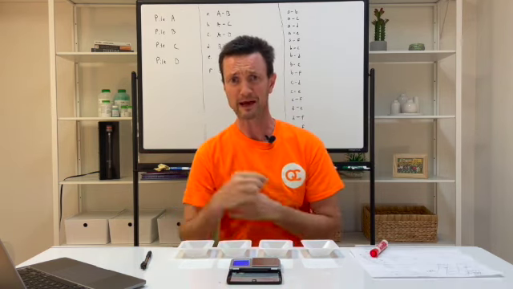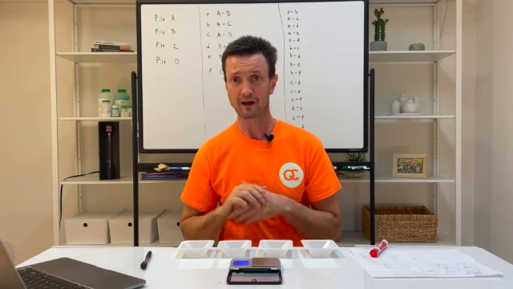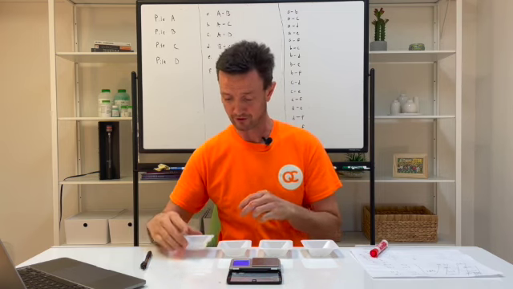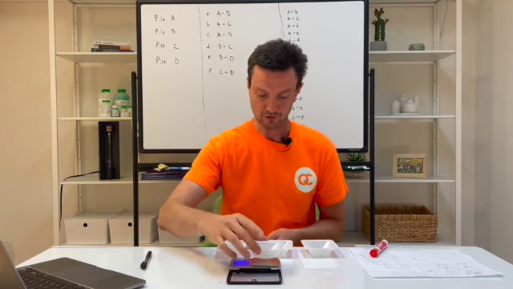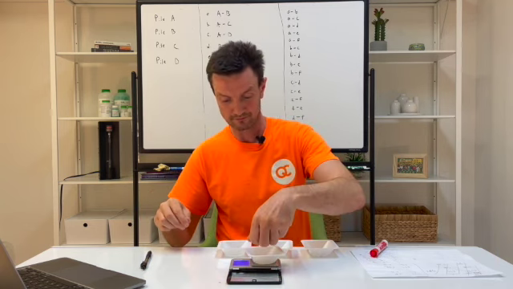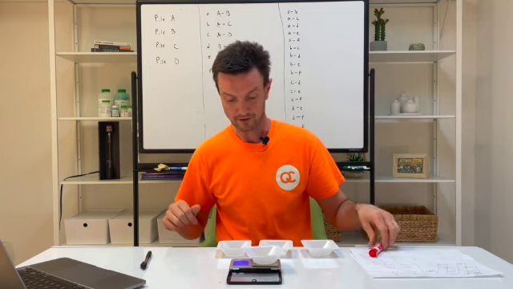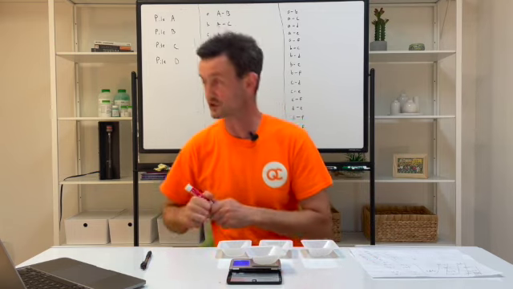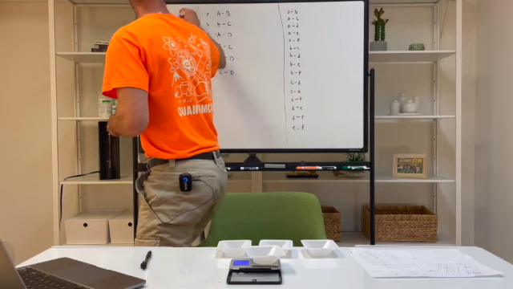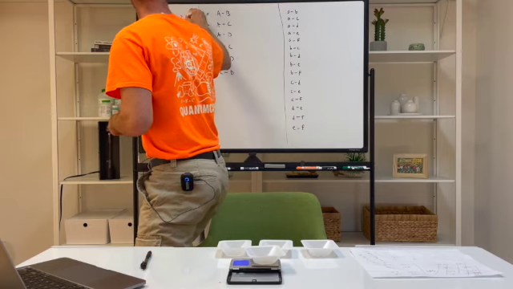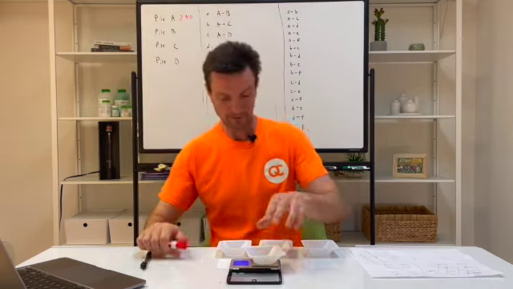Okay, so let me take the mass of these four piles of beads, and I'll start with pile A. So I'm going to tare the weigh boat, and okay, get a mass of 2.40 grams. So I'll just write that in my data table here.